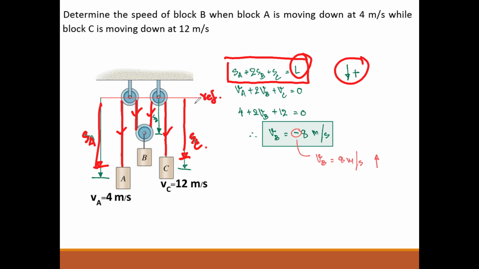The reference is here, so the positive direction should be downward, because we measure from the reference to the point that we would like to consider.